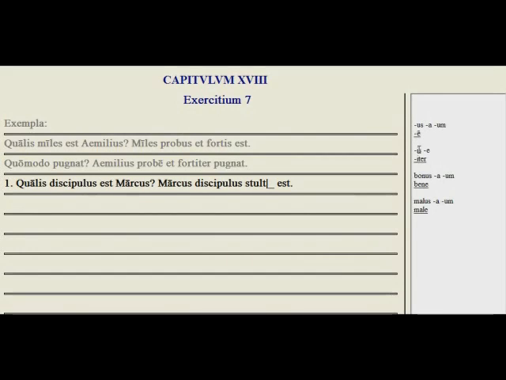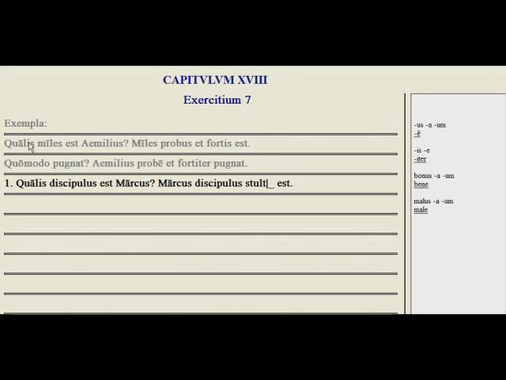And if it's a third declension, ends in is or e, then the adverb is formed in iter, like fortis, which means brave. Fortiter means bravely. And then these two are irregular. Bonus, good, well is formed bene. And malus, bad, male means badly.